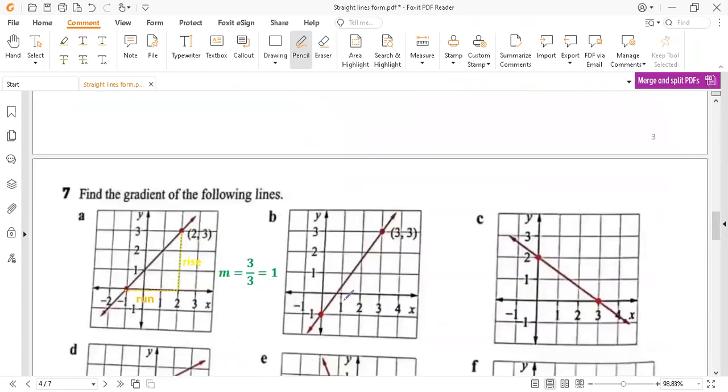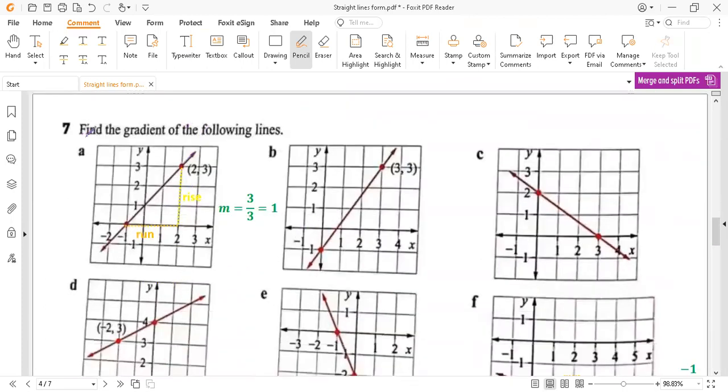Find the gradient of the following lines. We have two points, from this point to this point. We can walk as a run and rise to obtain this point. We walk to the right, because this point is located on the right of this one: 1, 2, 3.